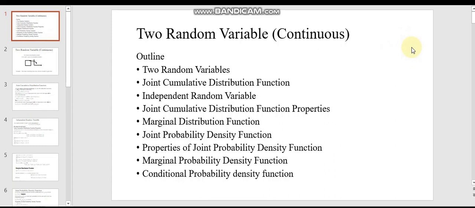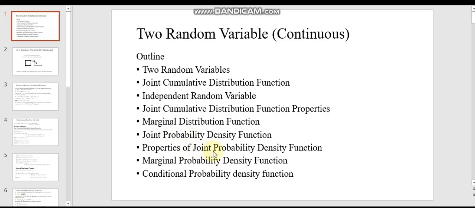The outline of today's lecture is: first we will talk about two random variables, then the joint cumulative distribution function of two random variables in the continuous case, then independent random variables, the cumulative distribution of two independent random variables, then the joint cumulative distribution function properties, then the marginal distribution function and its properties, then the joint probability density function and the properties of the joint probability density function.